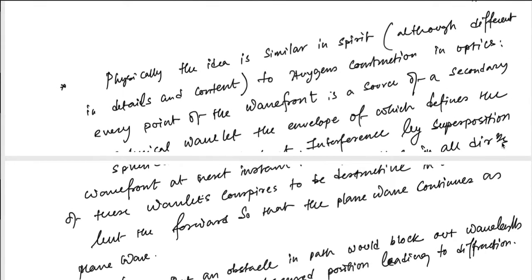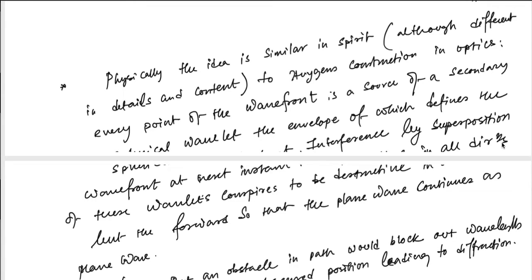Also, to note one more important point: physically, this idea is similar in spirit, although different in content and details, to Huygens construction in optics. So what is that construction?